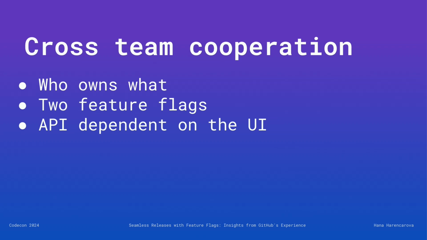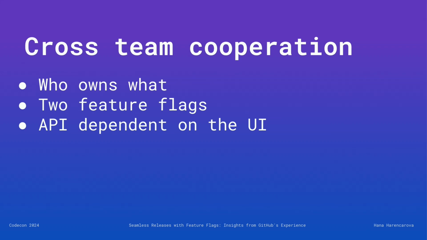We also had a case when we needed to work closely with a different team for that organizational settings, because it's owned by someone else. And so we decided to go with 2 separate feature flags. They were having a UI one, and we were working on the API changes. The API changes were dependent on their feature flag, because with the UI they were also doing the backend changes so that it all works.